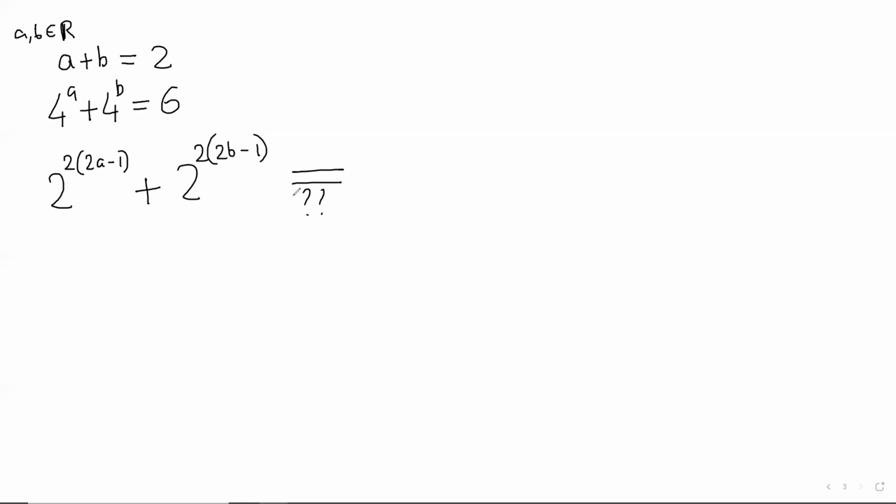So what have you tried? Sir, I had tried to put it in the power of 2. So 2 raised to 2a plus 2 raised to 2b is 6. And then if we take 2 raised to 2a common, then 1 plus 2 raised to 2b minus 2a will be 6.